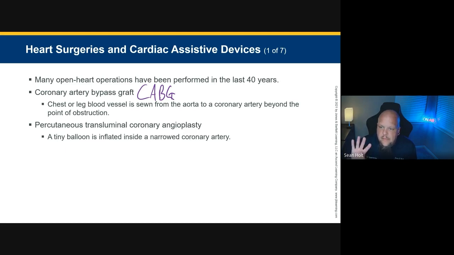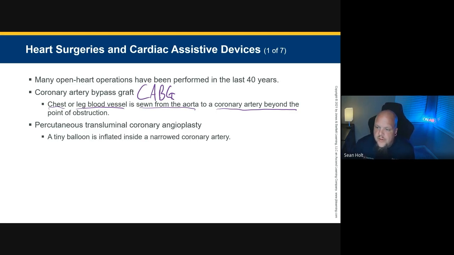That means they had 4 vessels routed around clots or spasms or blocked vessels, okay, that were not stentable in the cath lab. So what happens is they take a chest or a leg blood vessel and they sew it from the aorta to the distal point of obstruction in another vessel.